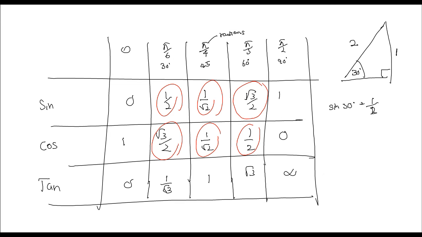Now if you use the Pythagoras theorem, you can work out this leg to be the square root of 2 squared minus 1 squared, which is root 3. Now if you write cos 30, that would be adjacent root 3 over hypotenuse 2.